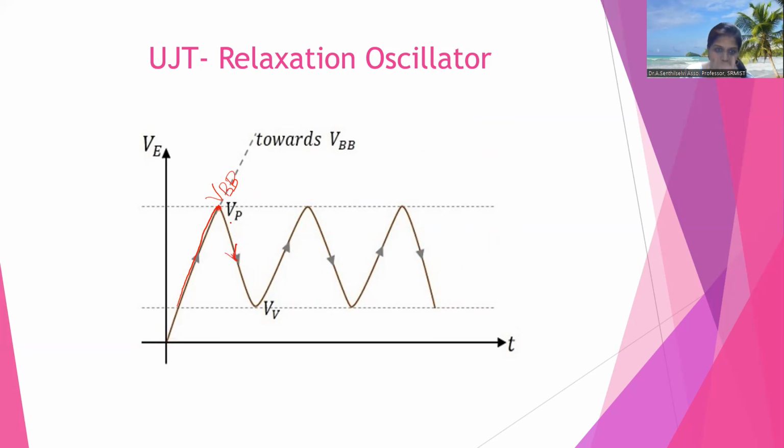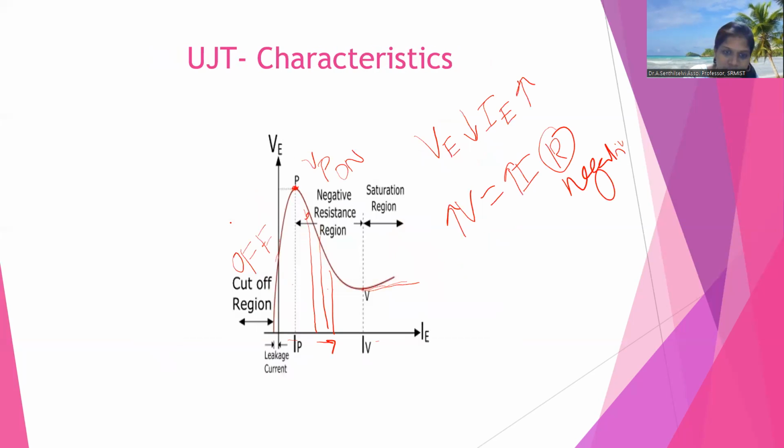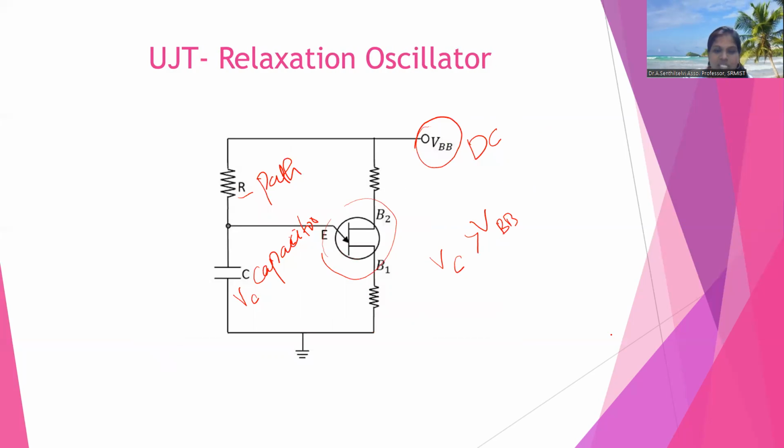We already know the characteristics of UJT. This is called the on condition, like a curve. It is generating like this only. In the same way here, charging and discharging of the capacitor is a flow of electrical current. The IE value is increased and decreased.